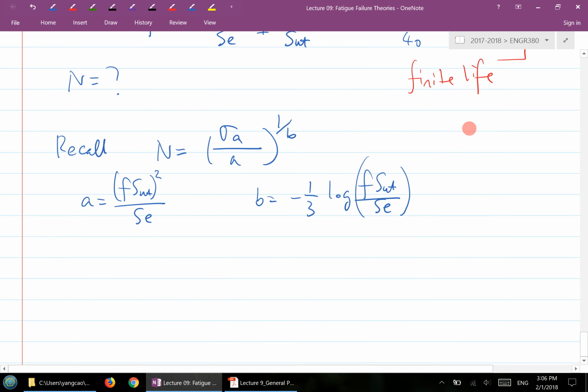So what we have to do is not modify too much. This is basically the formula here.